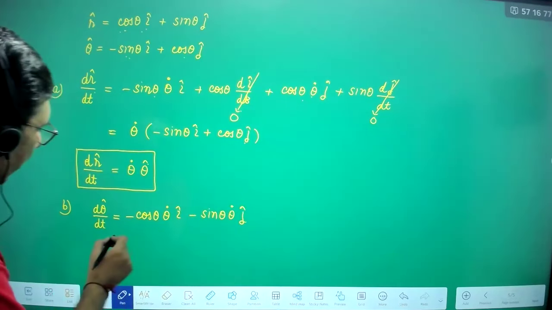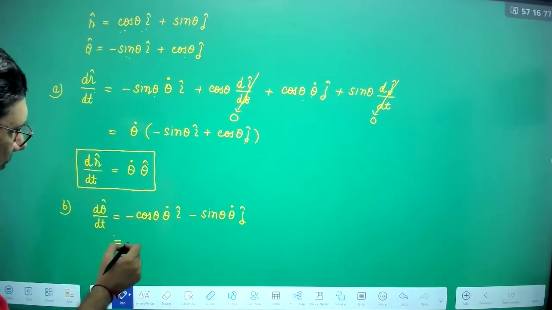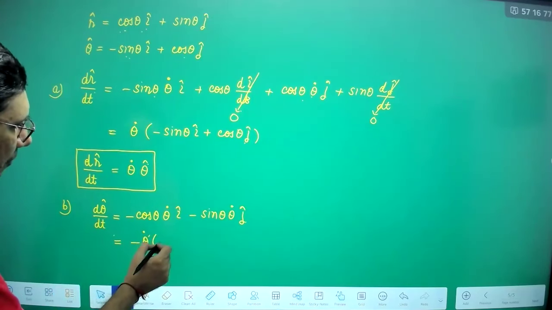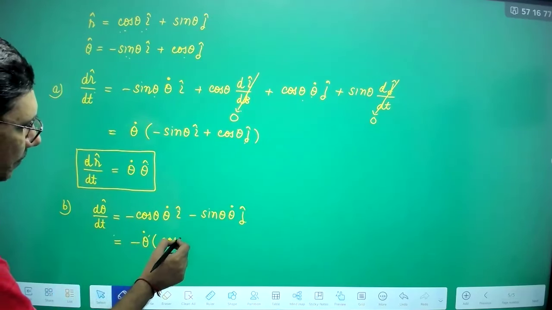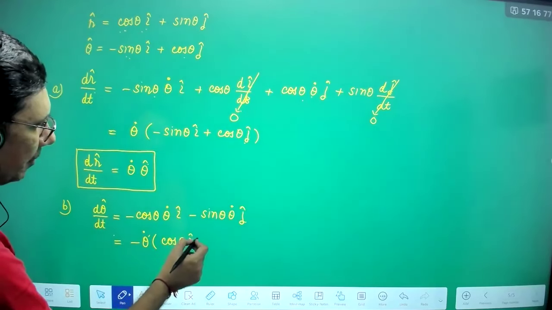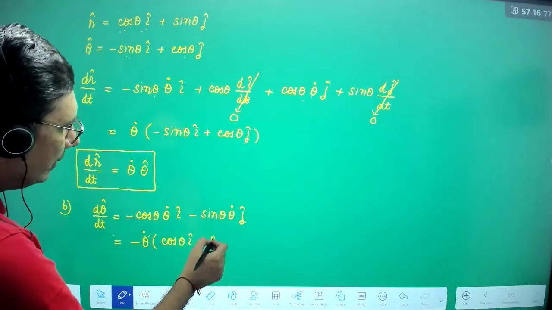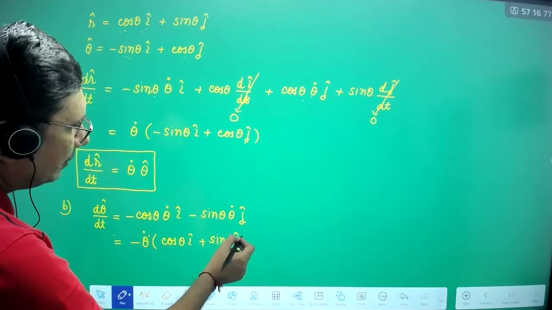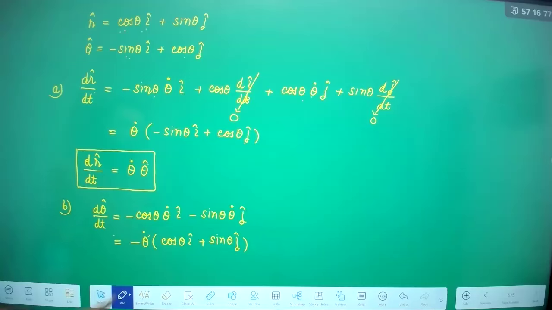So here if you take minus common, then this will be minus theta dot common, then this will be cos theta I cap plus sine theta j cap in the bracket. You will be left with this bracket. What is this bracket? This is r cap. So you can write it as minus theta dot r cap.